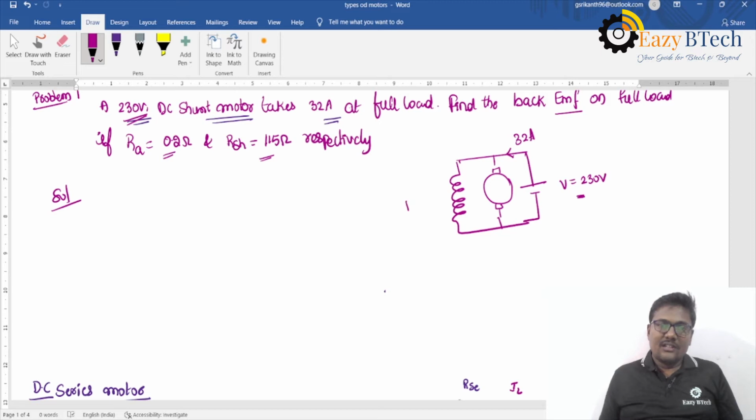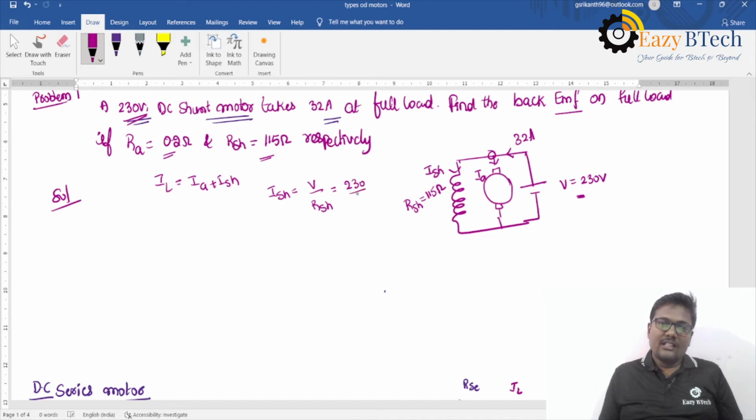The shunt field resistance is equal to 115 ohms, and the current flowing through the shunt field winding is ISH. The current drawn from the supply is IL. If we apply KCL at this node, IL is equal to IA plus ISH. We can calculate ISH as V divided by RSH.